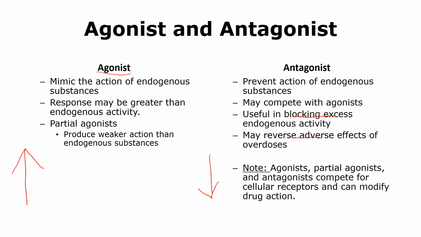For example, if you have a patient with a morphine overdose or any opiate overdose, we can use an antagonist to reverse the effect of that drug. So that would be antagonist. There are some drugs where, without getting into too much detail, there's a concept of a partial agonist or a partial antagonist, and so forth.